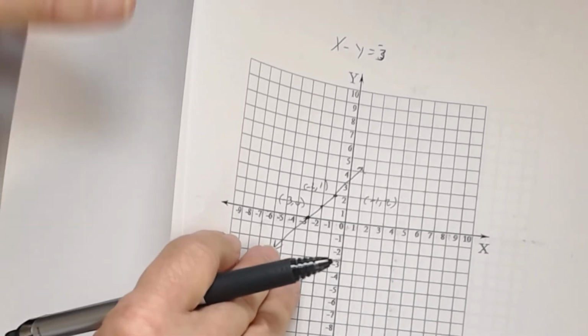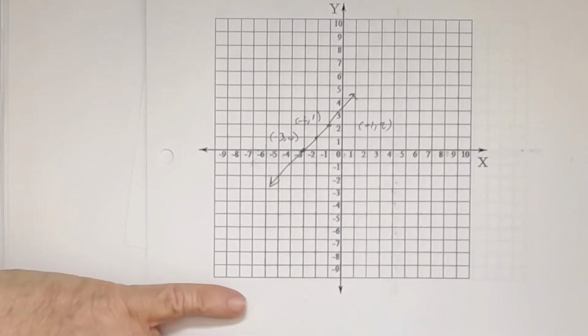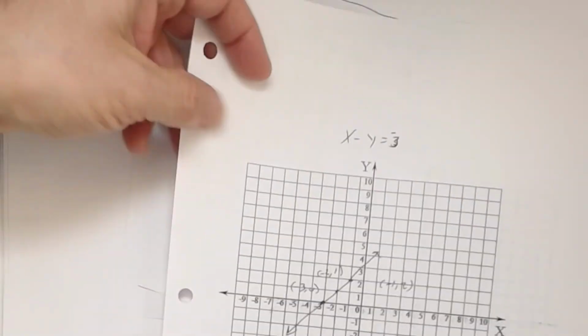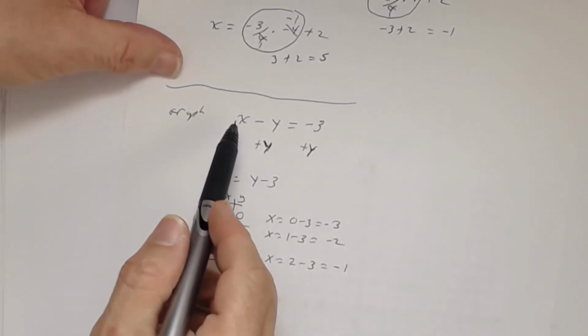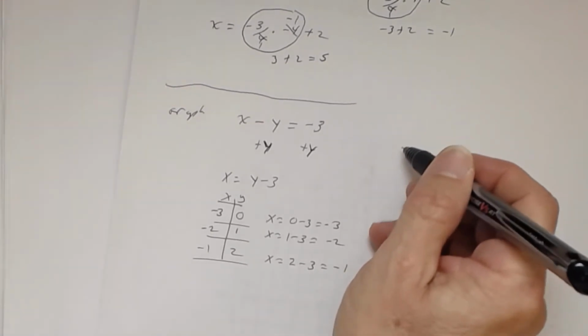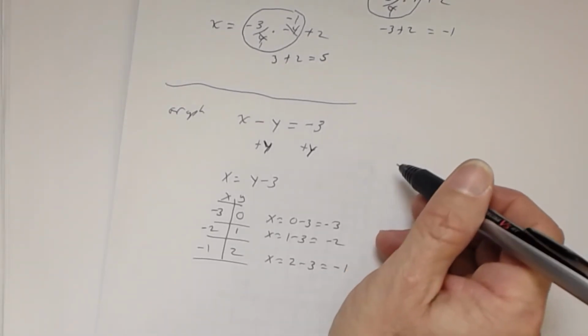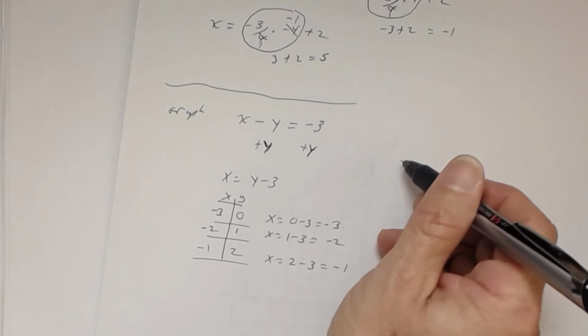Let's look at this one. I wanted to show you a while ago, let me go back to this one. Remember, I said it would have been a lot easier to get x by itself. Suppose someone said, "Well, I want to get y by itself." That's really important because whenever you get y by itself, that's called slope-intercept form.